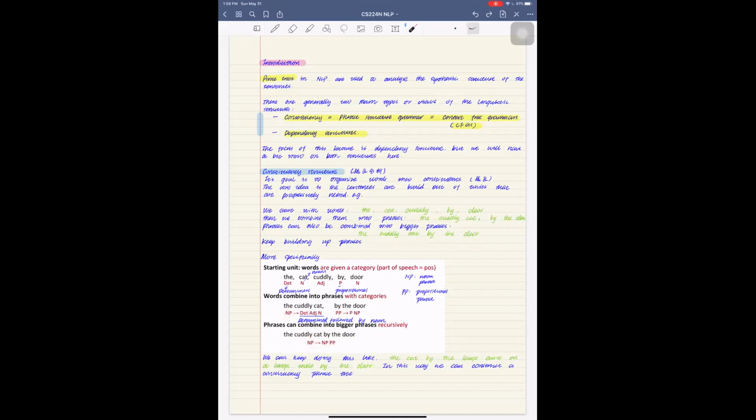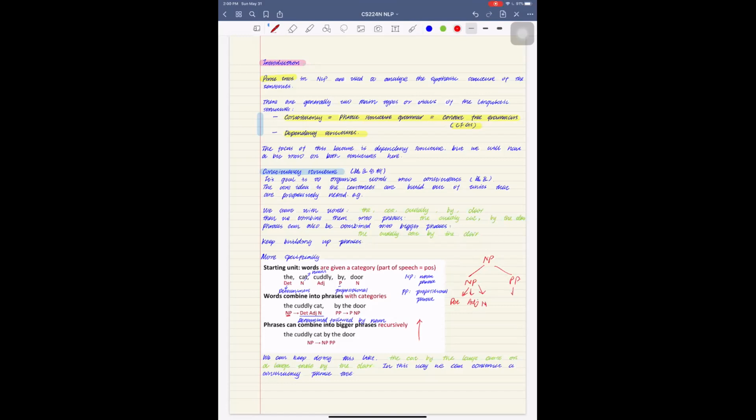In that way, we can construct a parse tree. Start with NP here, and we do the backward map. It has two parts, NP and PP. Under the NP, we have a determiner, an adjective, and a noun.